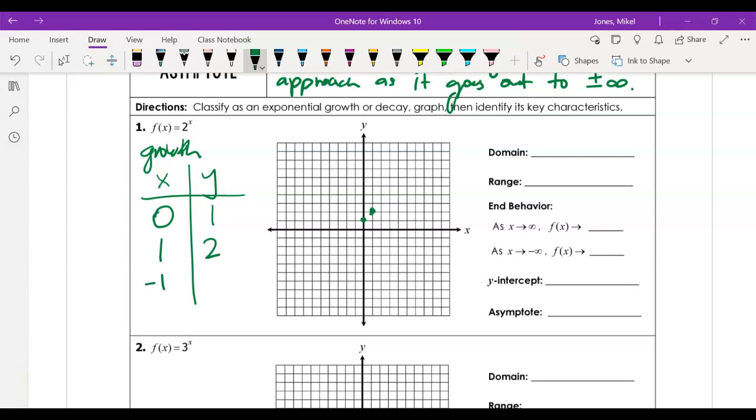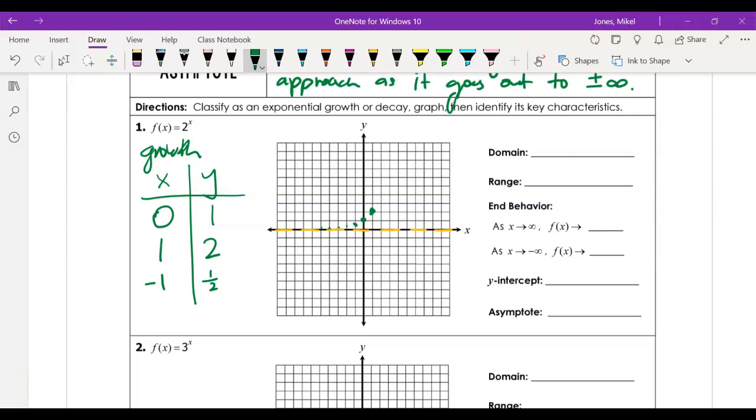What's 2 to the negative 1? 1/2. Negative exponents take the reciprocal of that number. So it gets closer, and if I were to keep going out, it would get closer and closer to that axis. It would really create a horizontal asymptote on the x-axis.